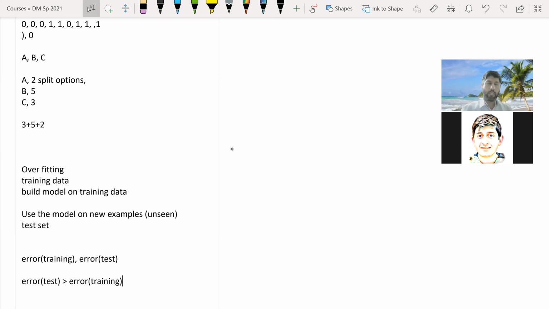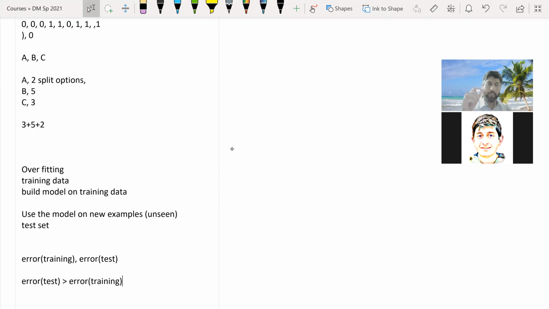What is overfitting? The model has overfitted the training data. It has learned the training data well such that the error on the training data is small, but the real use of that model, which is on new, unseen examples, which is captured by the error on the test set, that is large or higher.